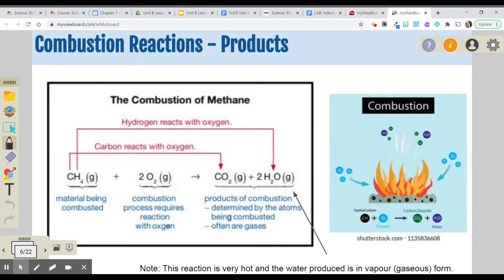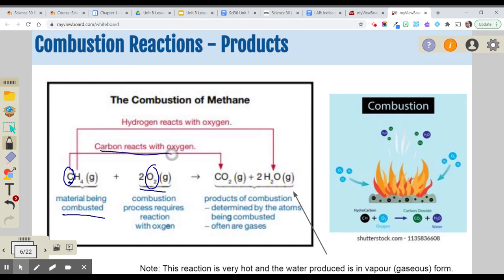So here's our combustion of methane this time. So here's our methane. It's 1 carbon with 4 hydrogens attached. This is the material that's being combusted, or burned, is how we would talk about it in regular everyday language. We already mentioned that combustion has to have oxygen present. So you are going to get these products from this combustion when the carbon in the methane reacts with the oxygen.